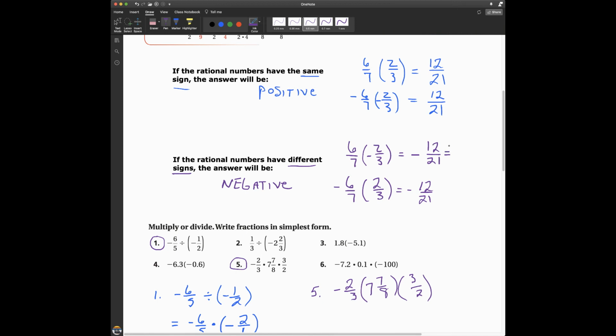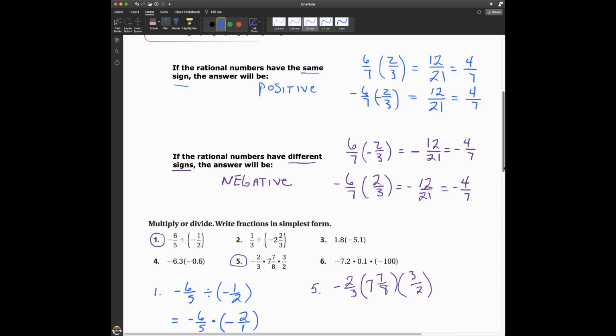I can divide 12 by 3 and I get 4, and I can divide 21 by 3 and I get 7. So both of these are -4/7. And then up here, these are both 4/7. Okay, so don't forget to simplify your fractions.